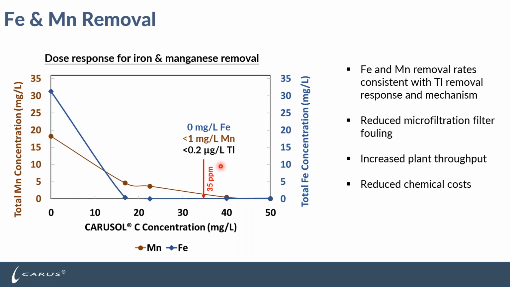Permanganate, as I mentioned before, is much faster than hypochlorite, particularly for manganese oxidation, and so it doesn't require those excessive feed rates. The effects of this mean less fouling, increased plant throughput, and a reduction in chemical costs associated with neutralizing residual chlorine in the effluent that was required when they were using bleach as the oxidizer.